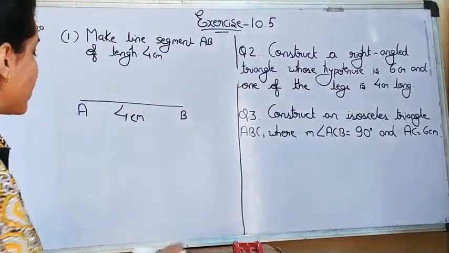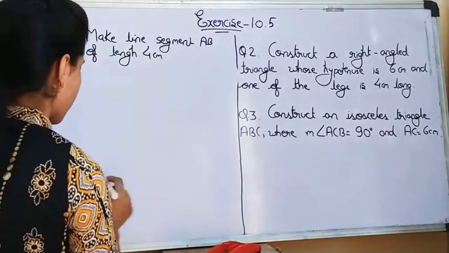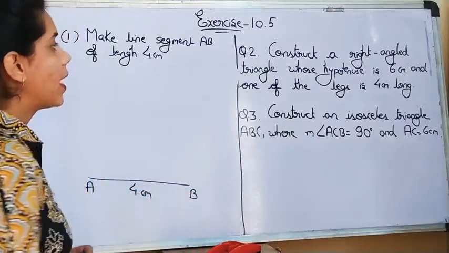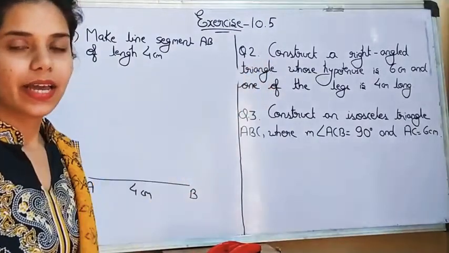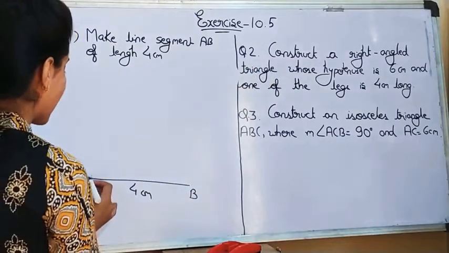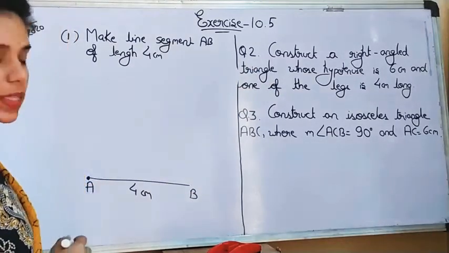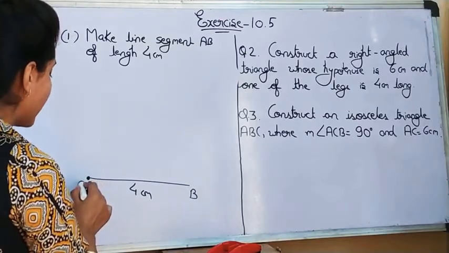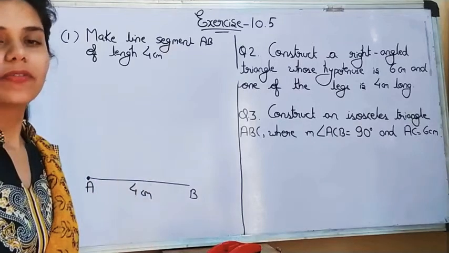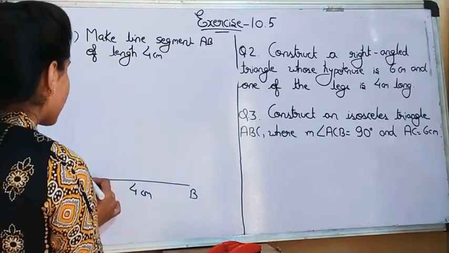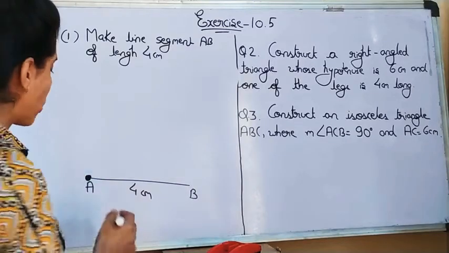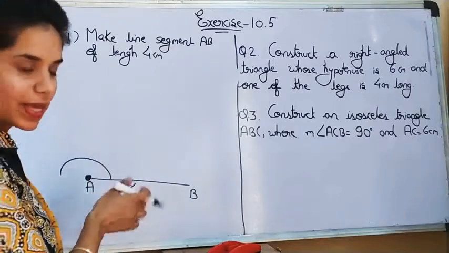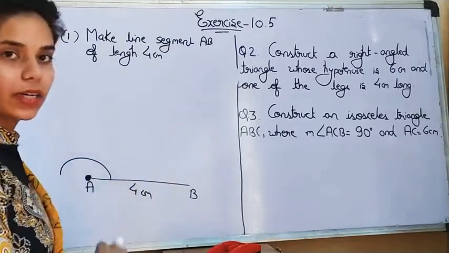Now what will be the next step? We have to draw the right angle. So how can we draw the right angle? See here. Suppose we want to make the right angle on A. Take any radius and, by using the compass, draw an arc like this.